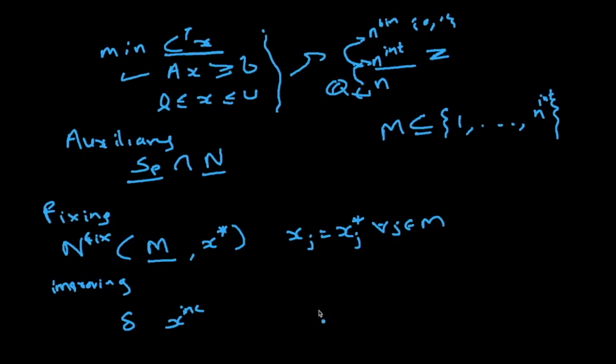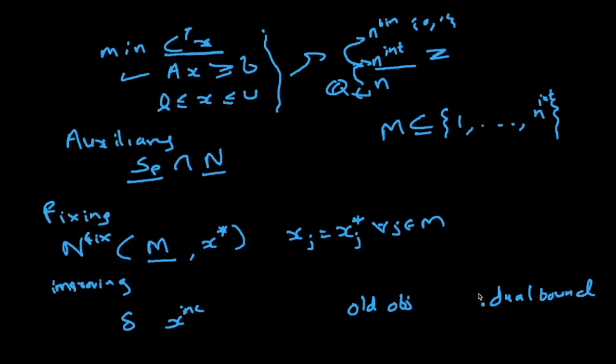Then all we have to do is take our old objective, which is c transpose x incumbent. Anything that is better than the old objective is something that is improving, but we take it a step further and we also consider the dual bound.